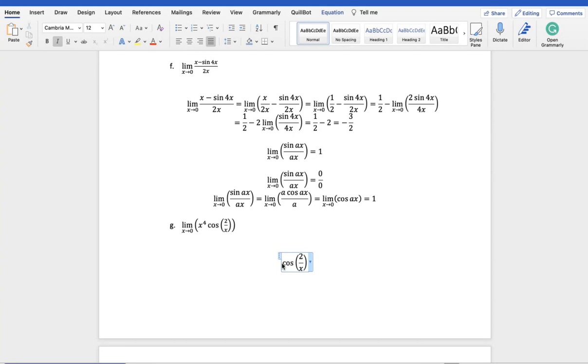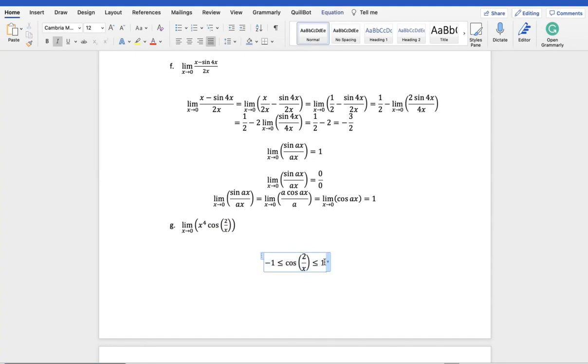So when you do that, you know that the cosine of a function is always between -1 and 1. That means that if you were to try to get the cosine of 2 over x in the middle to be something close to what we have there, you can multiply by x to the 4 on all sides.